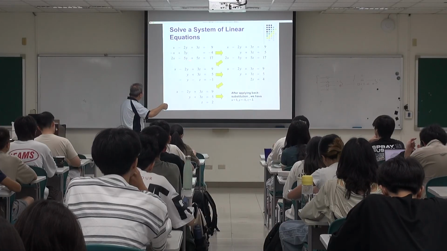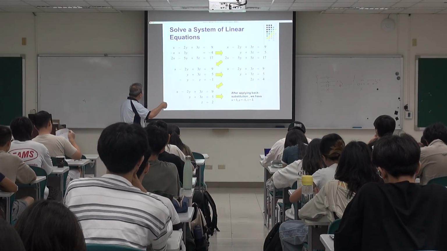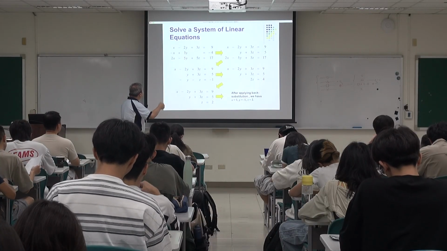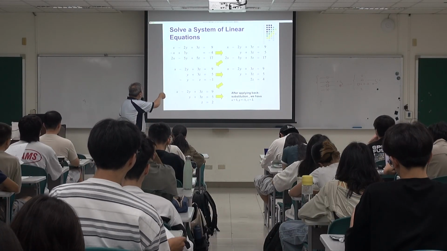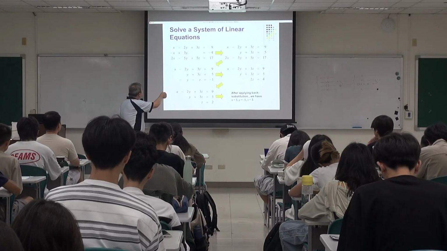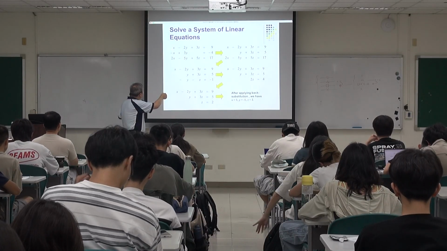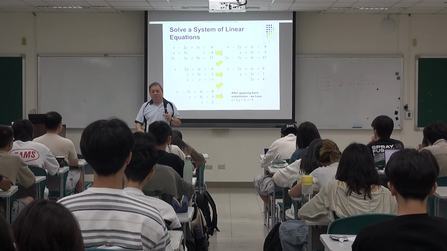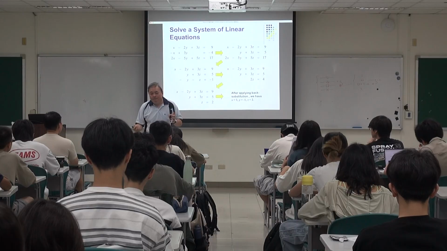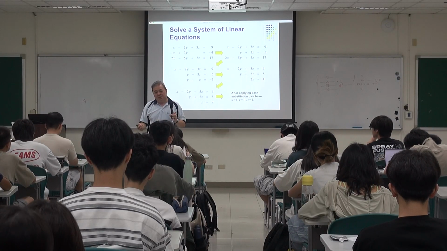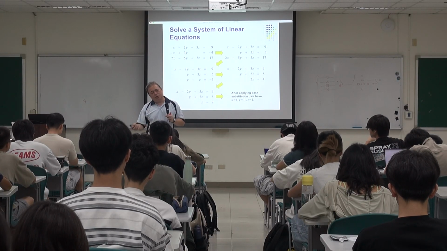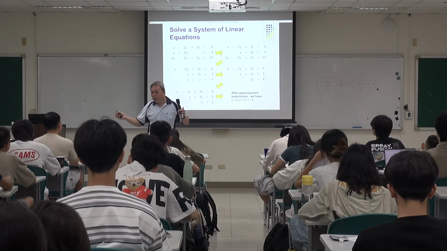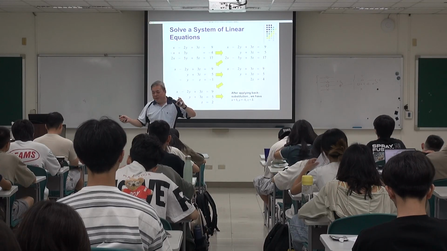So first, we try to eliminate in the second row, because in the first row the leading coefficient is already 1. If the leading coefficient is not 1, we need to make it 1. If it is, say, 2 or 3, you can divide the whole equation by 3 to make the leading coefficient 1.